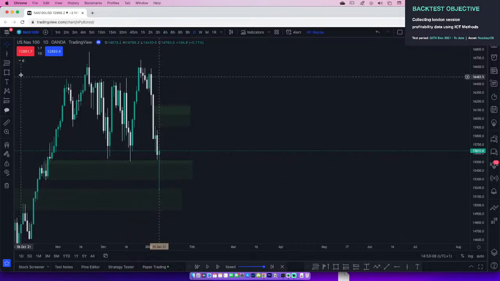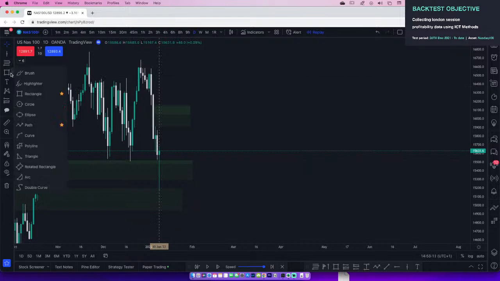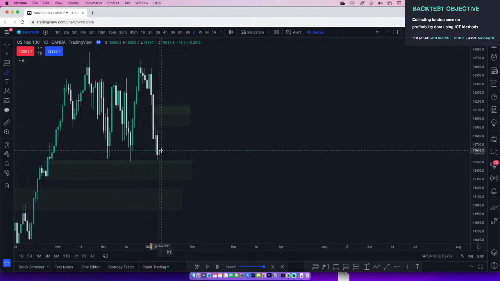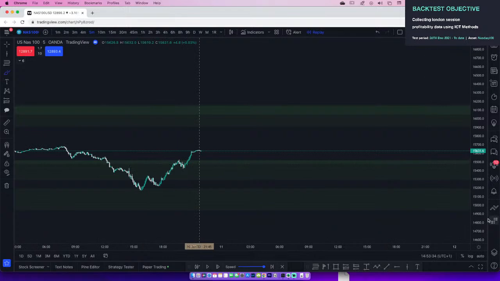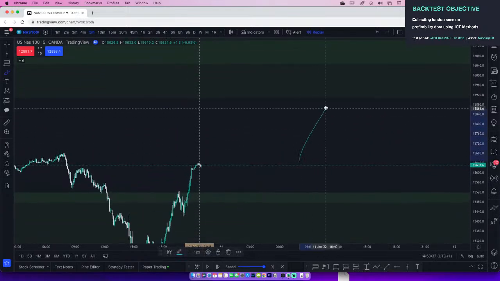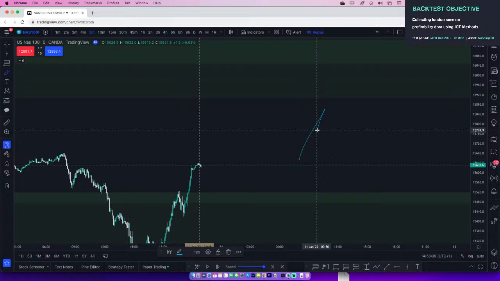But what I do expect, as per ICT, is a run to the stop losses or sell stops, push up, and after that we're going to do another analysis to see what the market is trying to do. So let's do it. The 5 minute chart is here. I'm going to do it through the 5 minute chart solely, and let's go from there.